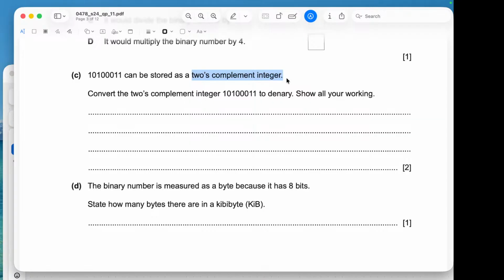So remember that this is a 2's complement number, therefore it's going to be negative. And therefore the 128 is actually going to be minus 128.